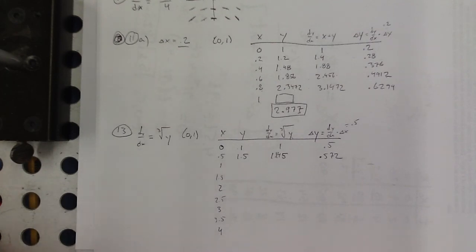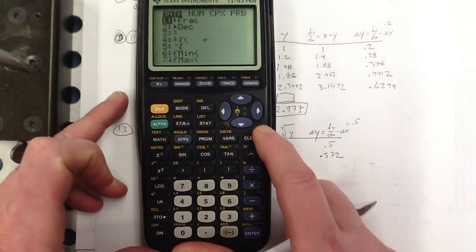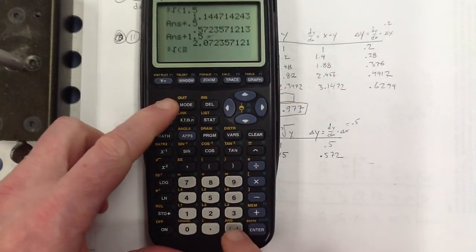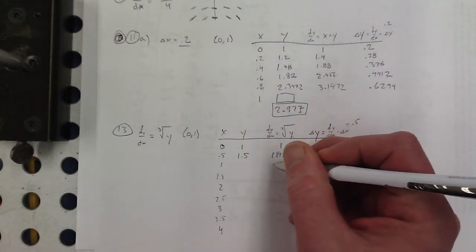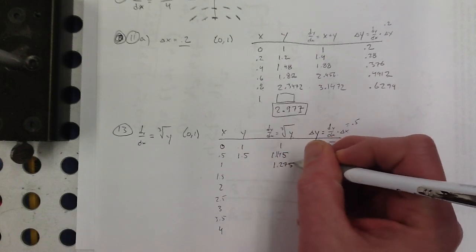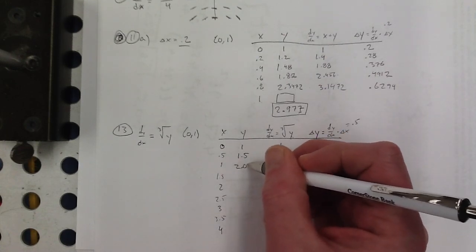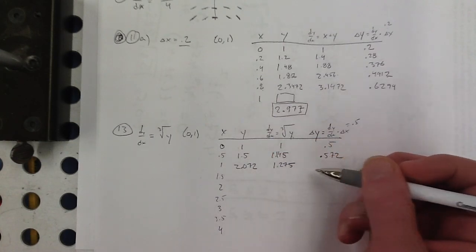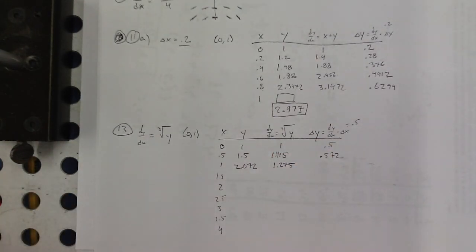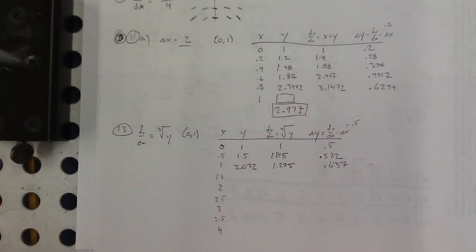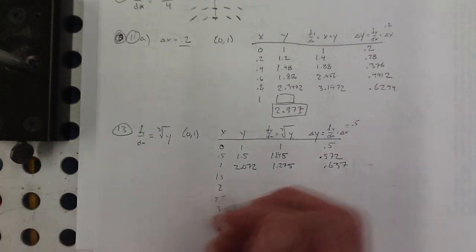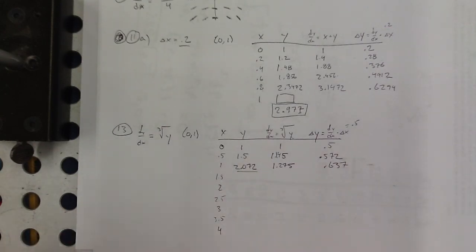Then the cube root of the answer is 1.275. Forgot to write this down, this was 2.072. So 1.275, and then I multiply that by 0.5, and then I add that to 2.072. So I guess I am rounding this, aren't I?